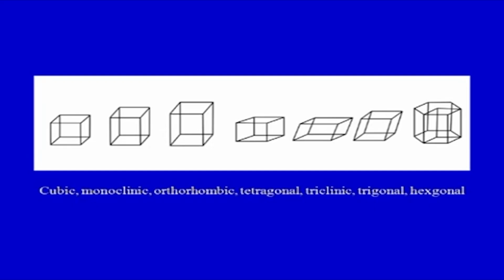The characteristic symmetry of a crystal is a combination of one or more rotations and inversions, and what you get are the different crystal systems: cubic, monoclinic, orthorhombic, tetragonal, triclinic, trigonal and hexagonal. These are the crystal systems, just to give you an idea.